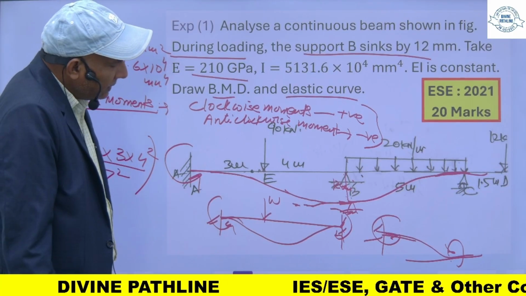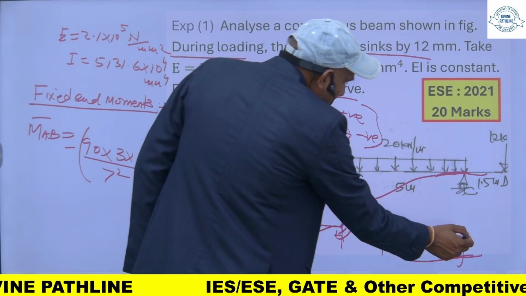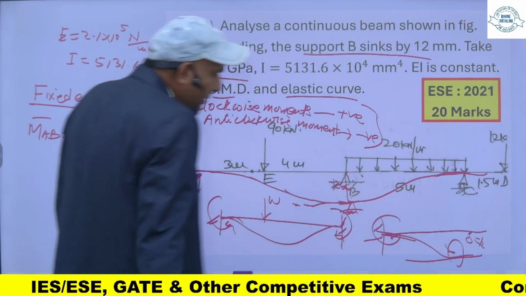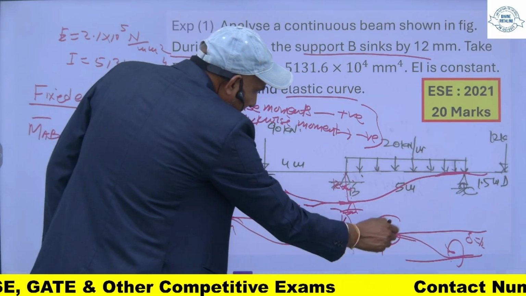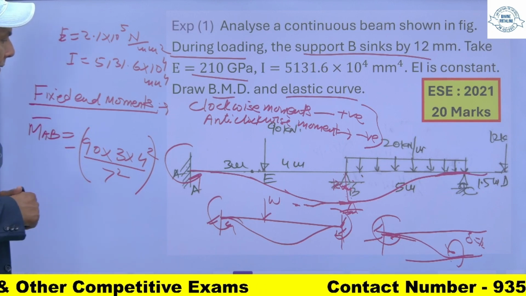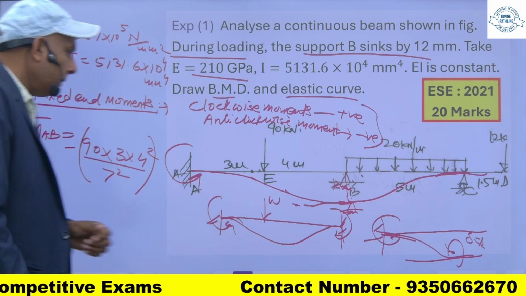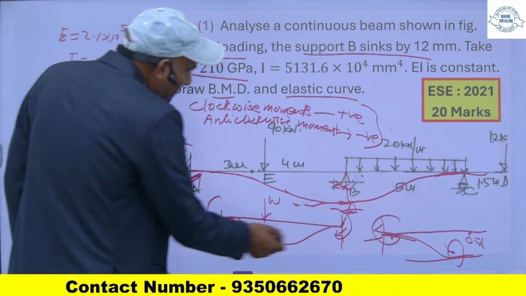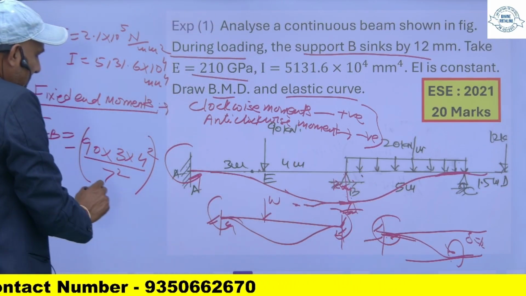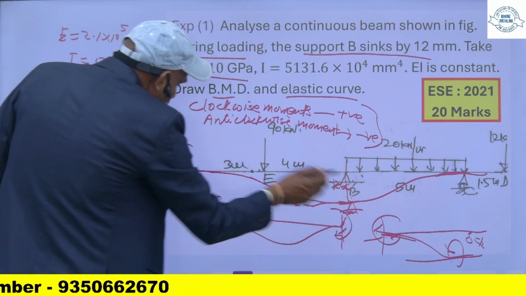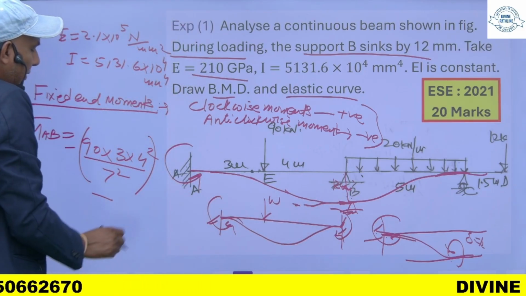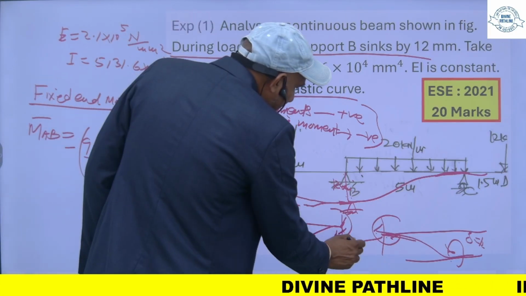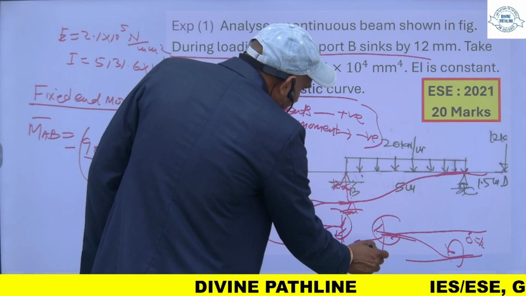Now because of this sinking, delta is 12 mm, it will deflect like this. So the moment at this point will also be in the same direction. This is anticlockwise, this is also anticlockwise, means this is also negative, and the formula is 6 EI delta upon L square.